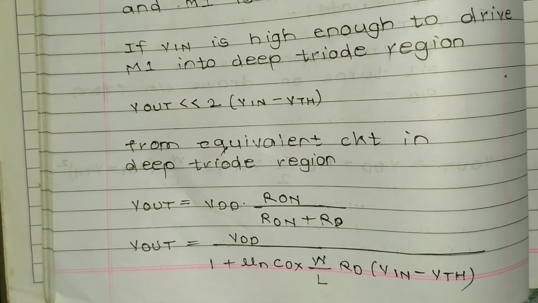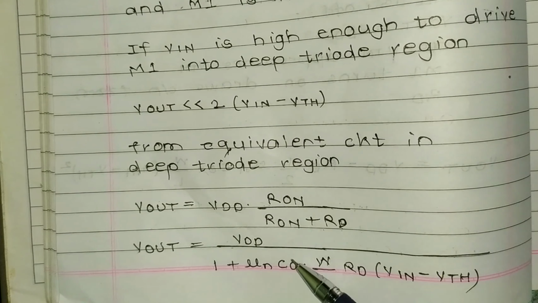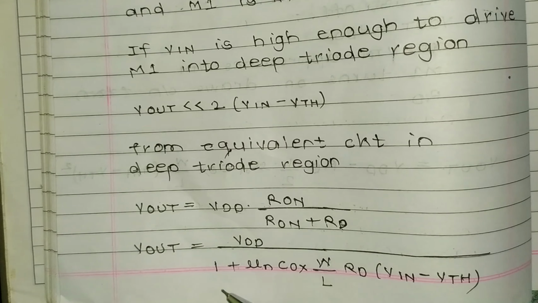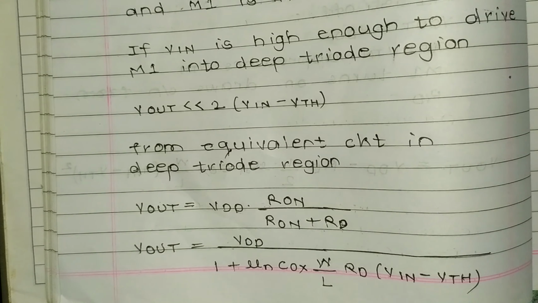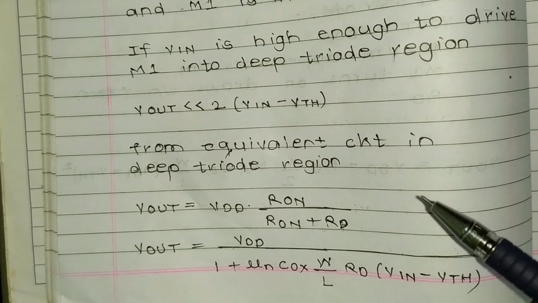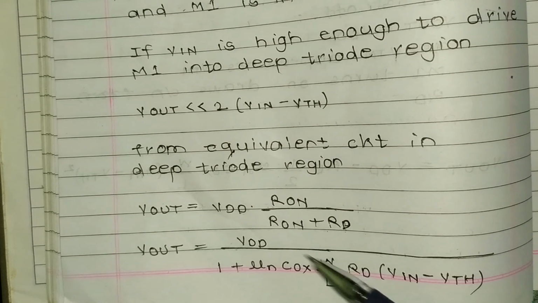From the equivalent circuit in deep triode region, Vout is equal to VDD times Ron divided by (Ron plus RD). So this equation is for the deep triode region. It is not actually helpful or used in these equations.